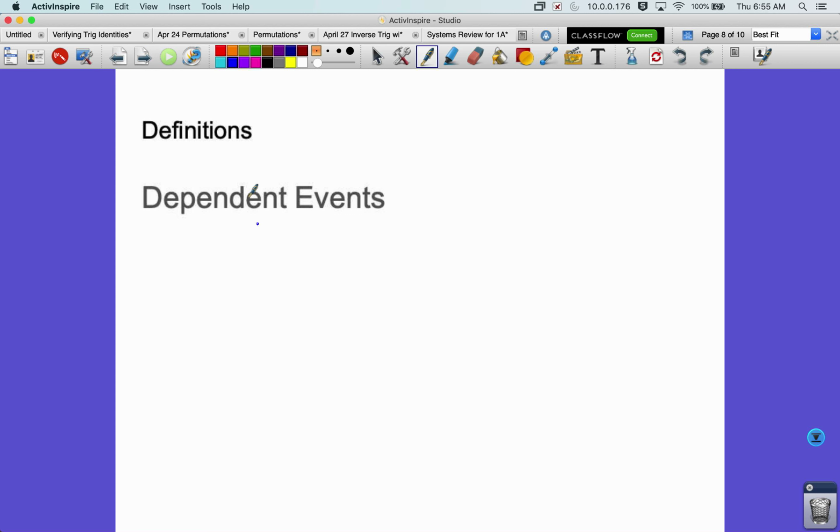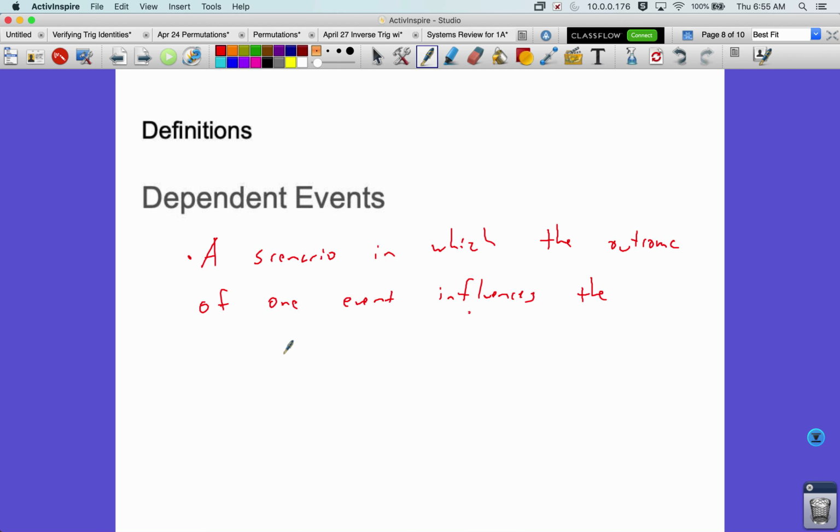So a dependent event. This is a scenario in which the outcome of one event influences the probability of another event.